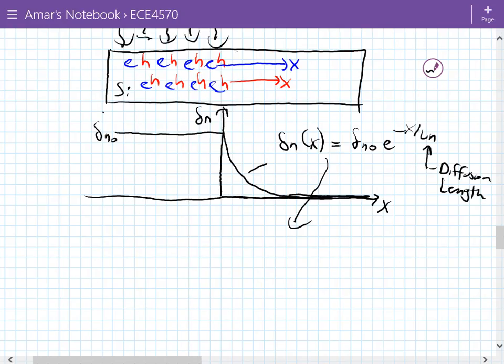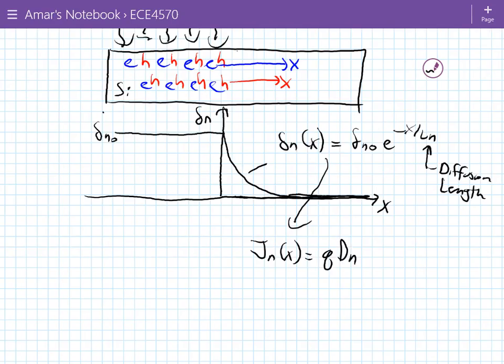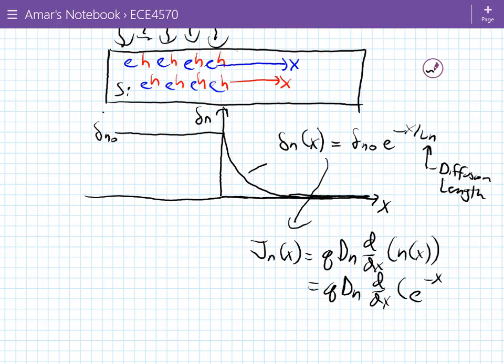So from here, we can do Jn of x. Jn of x is equal to q times D sub n d dx, the derivative of n of x. Q times Dn d dx, derivative of e to the negative x over L sub n. What's the derivative of an exponential function?